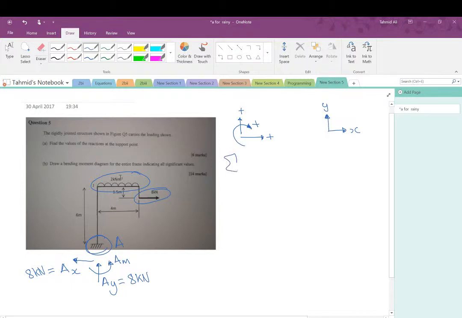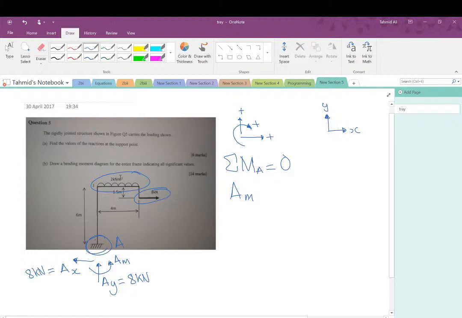So sum of moments at A is equal to 0. So that means AM is going to be equal to the moment induced from the uniform load and the moment induced from the point load. So AM here is going anti-clockwise.